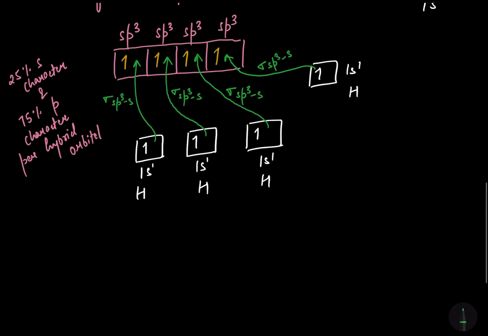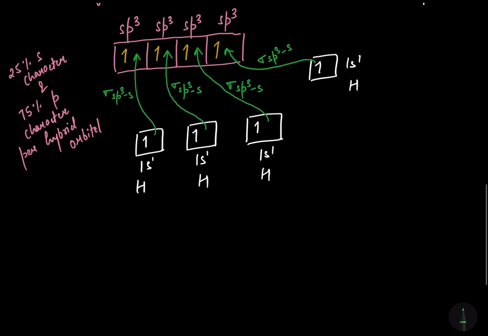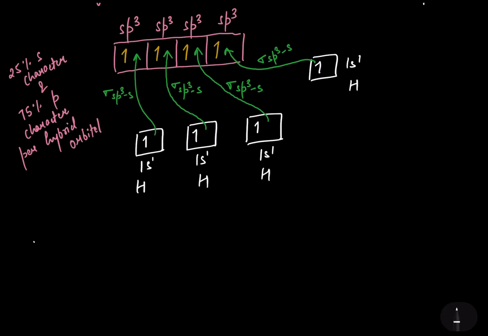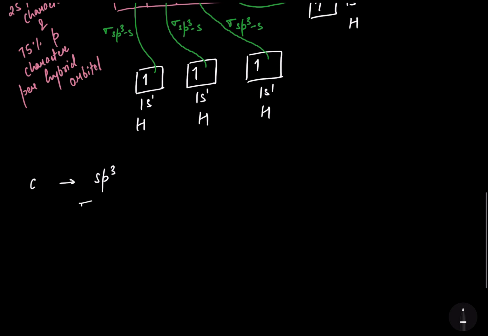Now let's make the structure. Here carbon is showing sp3 hybridization. In case of sp3 we are having tetrahedral structure.